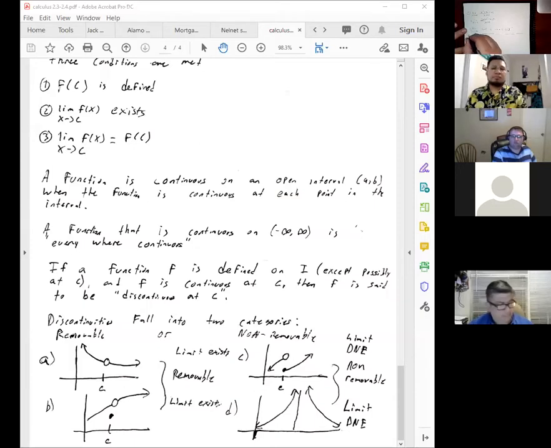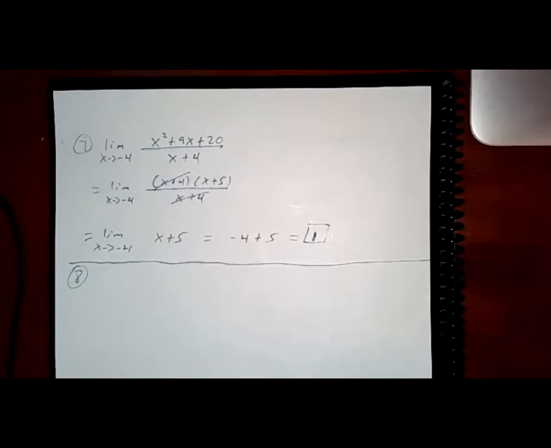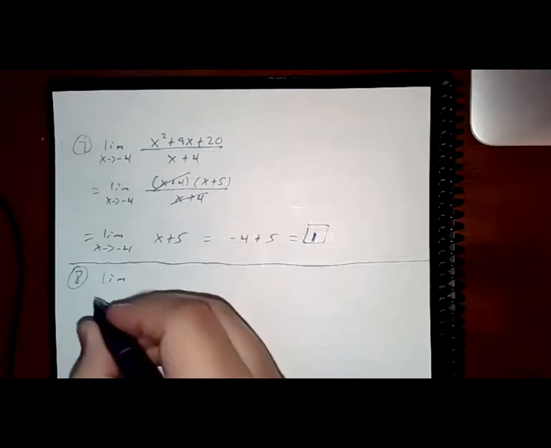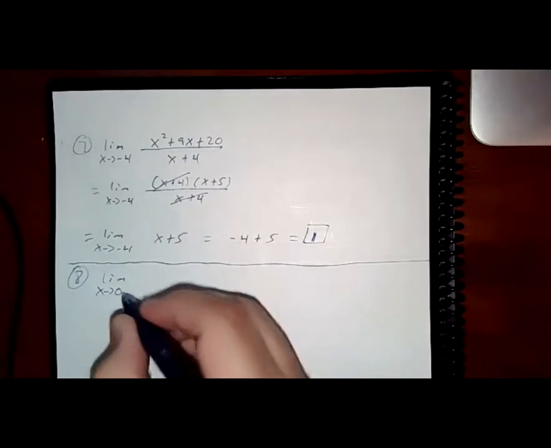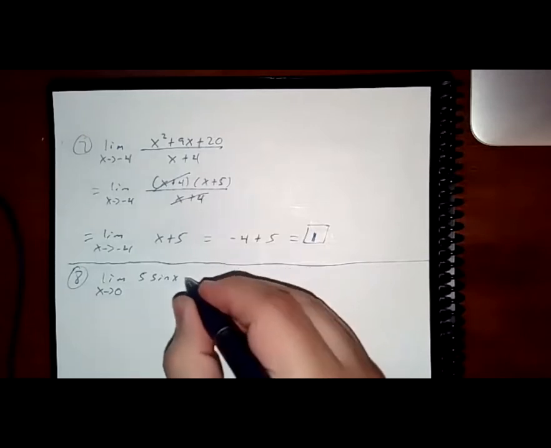Number 8. Number 8 says the same deal. It says find the limit algebraically. Okay, well, see what's going on here. As x approaches 0, of 5 sine x minus 1.